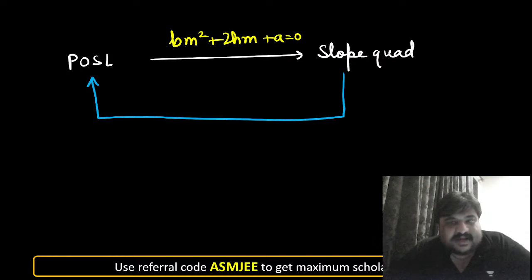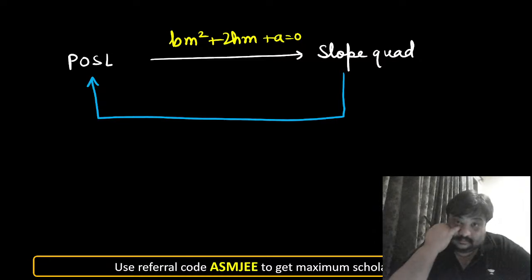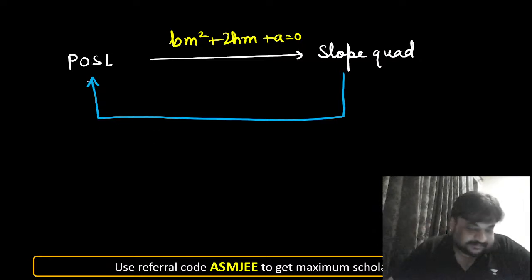How to apply reverse gear? Suppose this is given. How to reach from here to here?